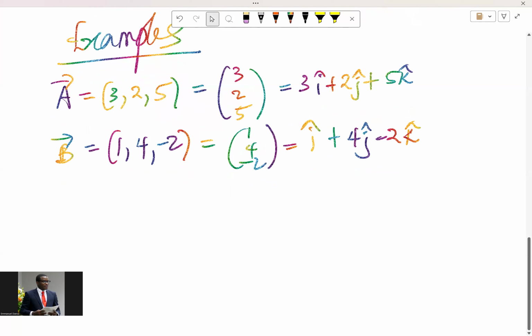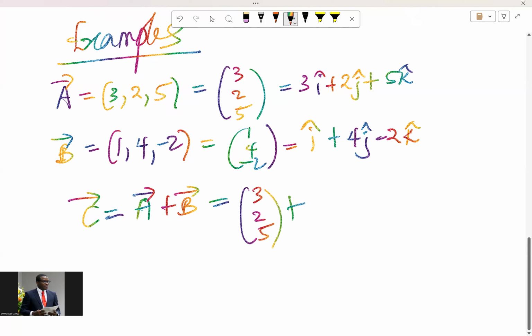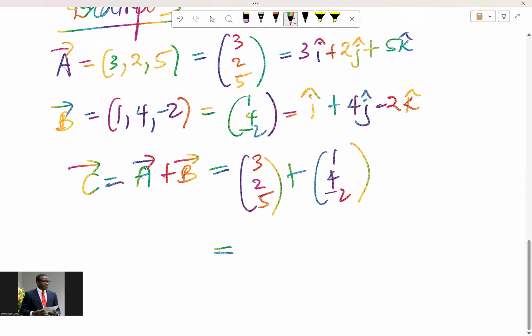So we can talk about the sum. If C is the sum, we say C is equal to A plus B. If we adopt the column vector, that's (3, 2, 5) plus (1, 4, -2), and that simply means you add component by component.